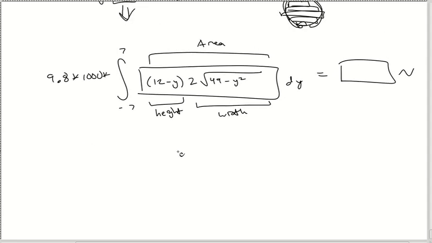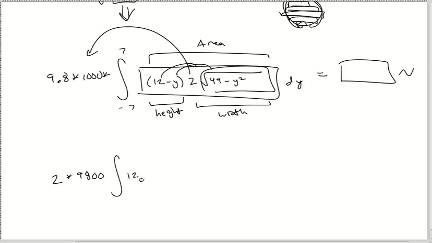What happens is that I split this up. I basically take the 2 out, and I distribute the square root to both of these terms here. And so I've got 2 times the 9800 integral of 12 minus y square root dy.